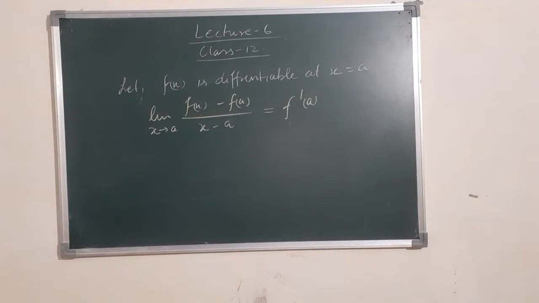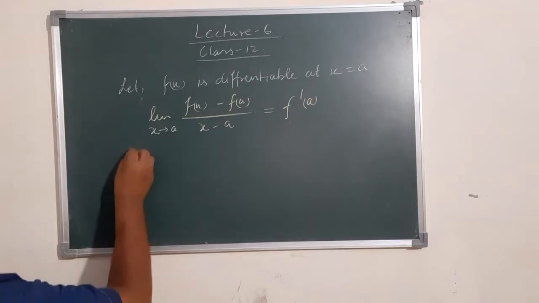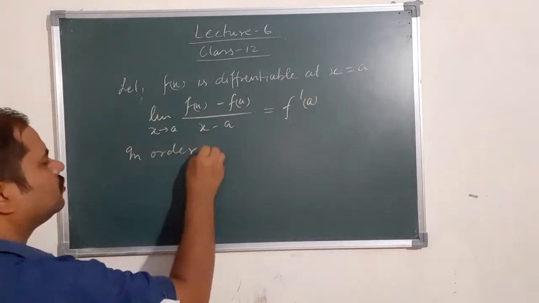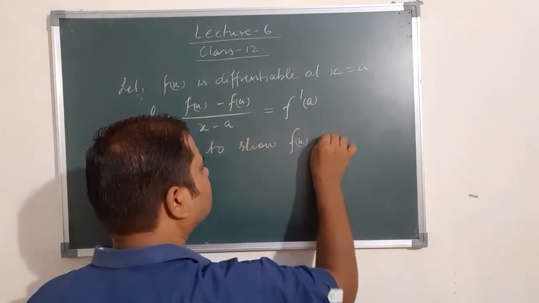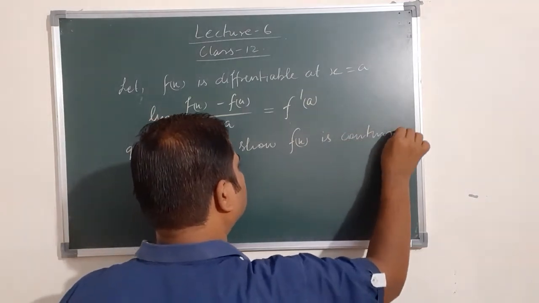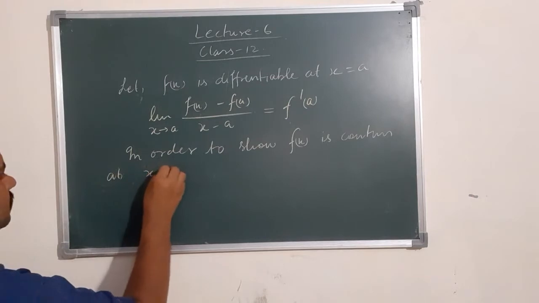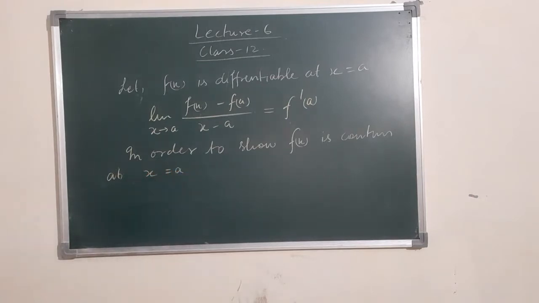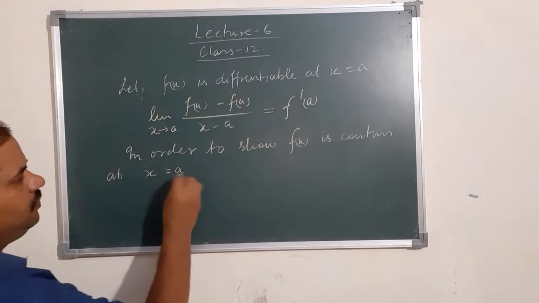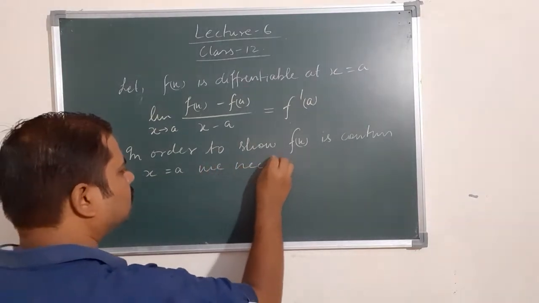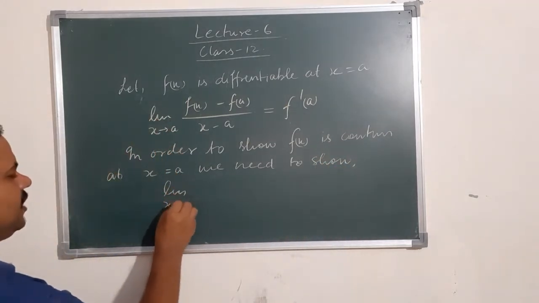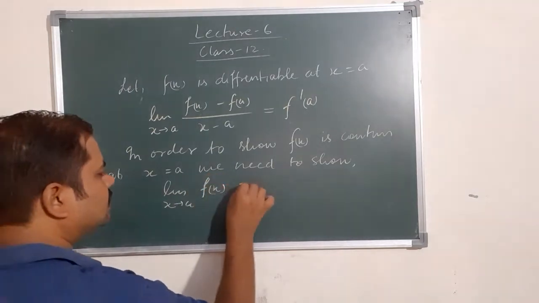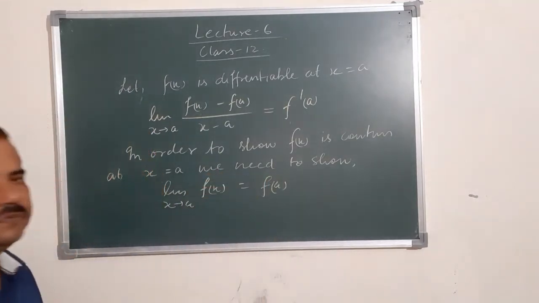Now in order to show f(x) is continuous at x is equal to a, what we need to show is limit x tends to a f(x) must be f(a).